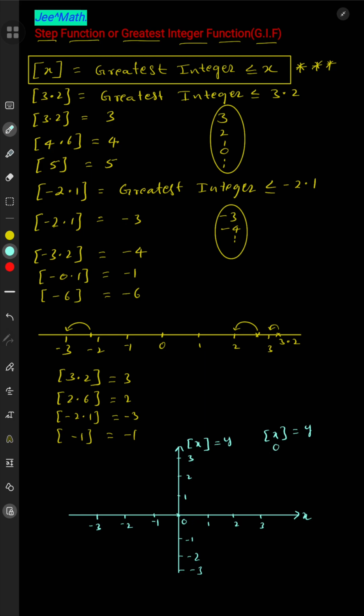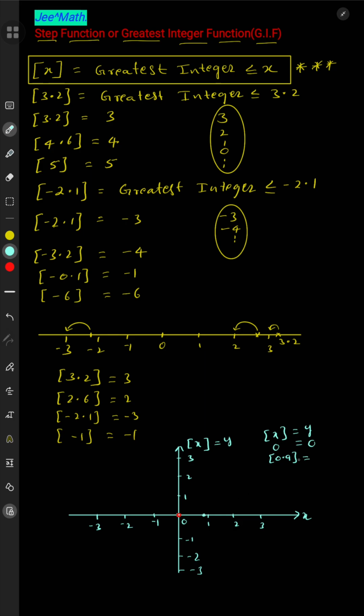In place of x, I am writing 0. What is the step of 0? It is 0 only, right? So 0 comma 0 is a point on the curve. Next, in place of x, I am giving 0.9. The point will be here, right?